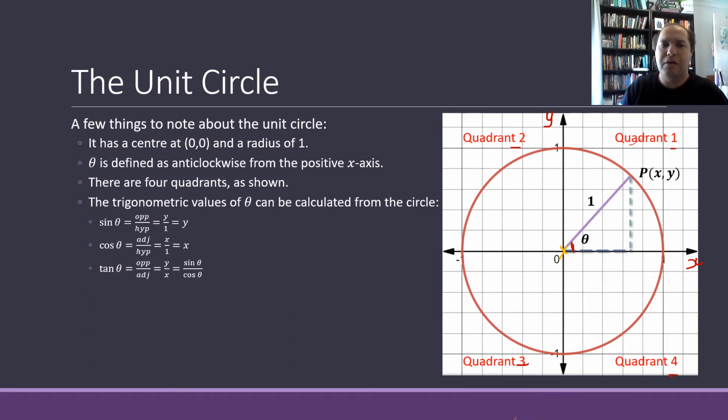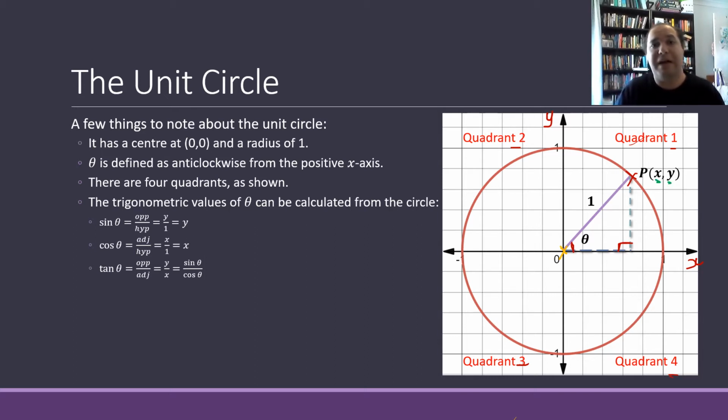Now, looking at the triangle we've drawn here, so with theta and our radius of 1, we've got a right angle in here, and we can use our values here to help work out trig ratios in terms of x and y. So looking at our point at the very top here, it's got an x value, let's call it x, and a y value of y.